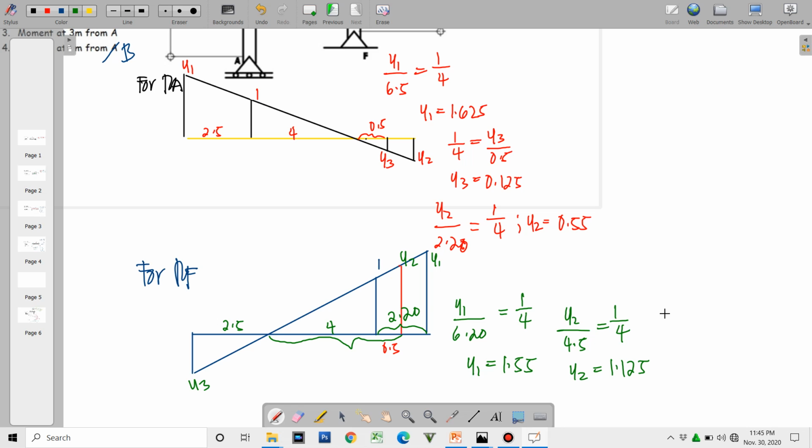And then for y3, just have to utilize this one. We have y3 is 2.5 as 2, 1 is to 4. So 2.5 all over 4 is 0.625.